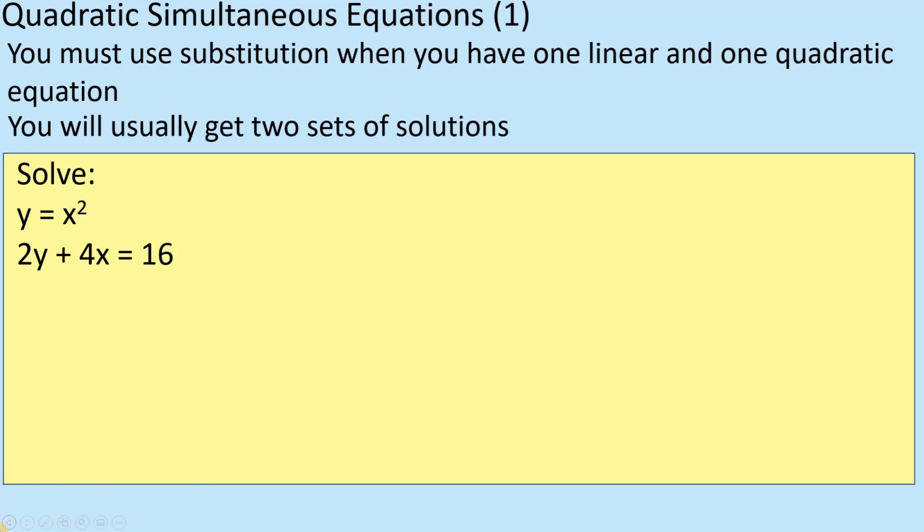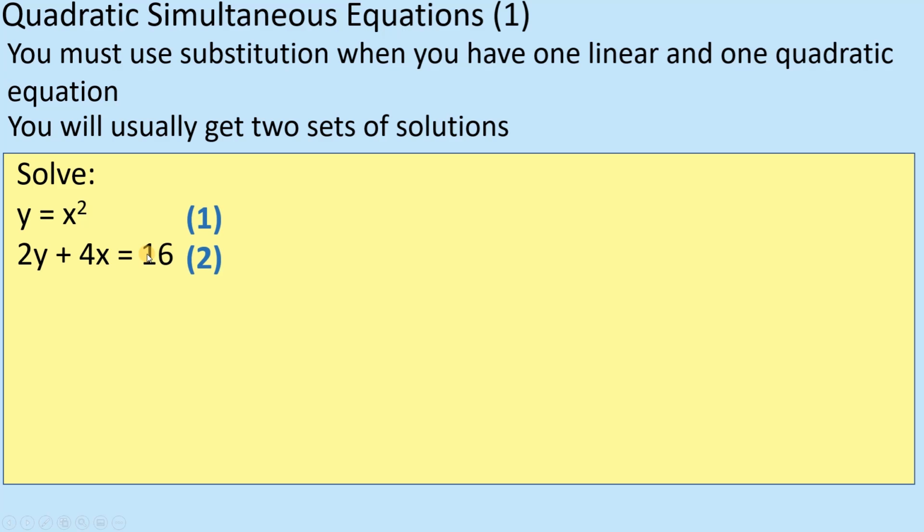We've got y is equal to x squared, so this is our quadratic, and then we've got 2y plus 4x equals 16. This is our linear, basically a straight line graph. So we've got two ways of doing this. If I'm going to substitute something in from one equation into the other, then I need either y equals something or x equals something.